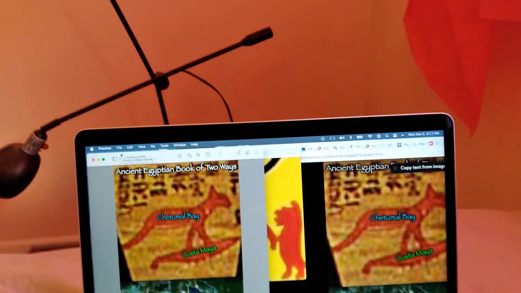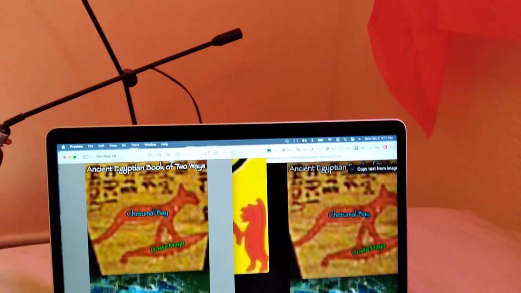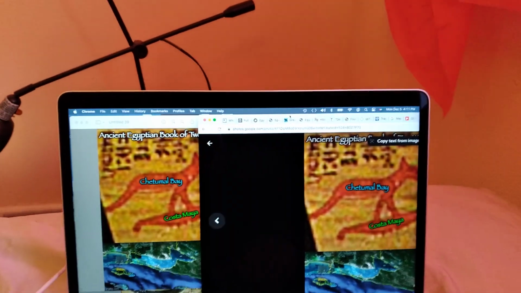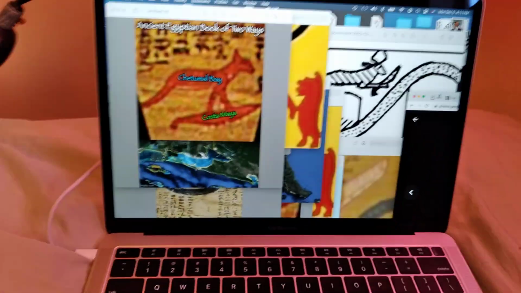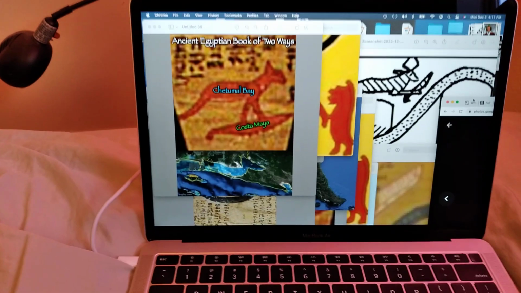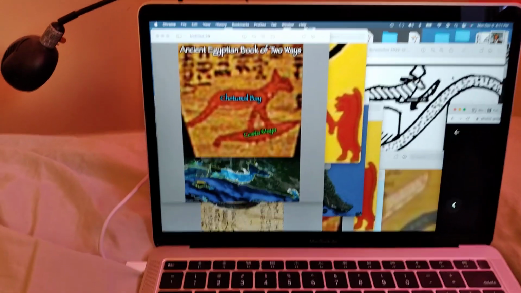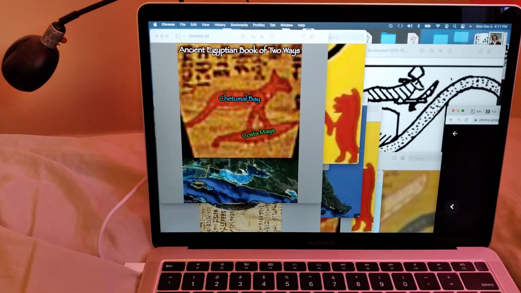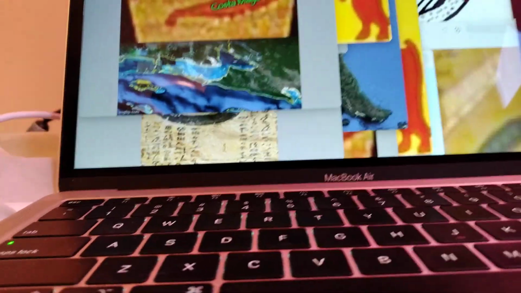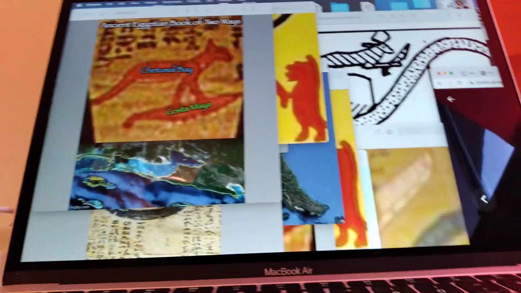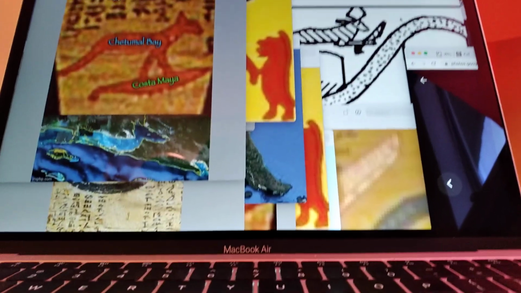So what's going on here? I guess this here, well, this is another compilation of Chetumal, and there's gonna be some way to keep this phone level and still. Maybe if I go like this, that'll work.